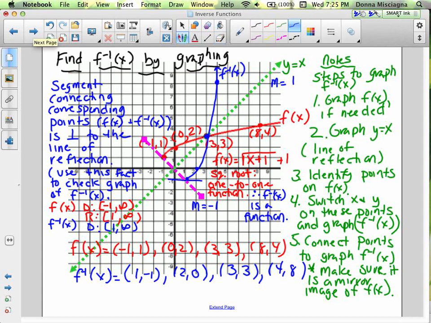So our range is negative 1 to infinity. Do you see a relationship between those? Let's see, f of x, domain negative 1 to infinity, range 1 to infinity. F inverse, domain 1 to infinity, range negative 1 to infinity. Let's do another one.